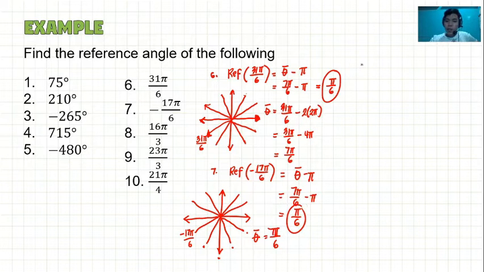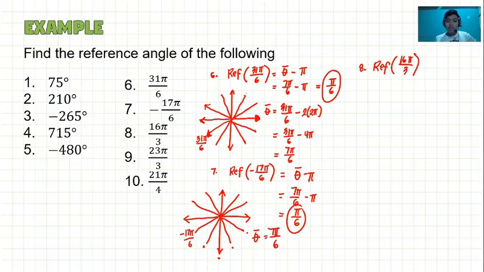So for number 8, our angle is 16 pi over 3. So, the reference angle of 16 pi over 3. Okay, now to locate this angle, we will just do the same. But we need to change the denominator to 6. So what will we do?